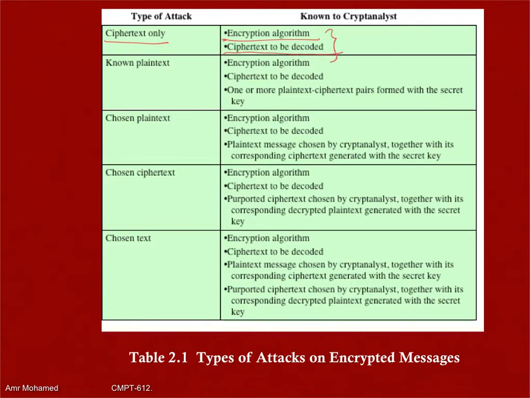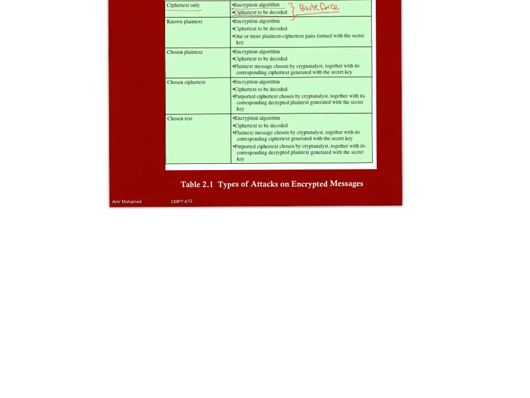In many cases, in that type of attack, the attacker resorts to what we call a brute force attack, which means that based on this ciphertext, I need to guess what the key is. We have the encryption algorithm, which is a function of the input text or the plain text and the key.